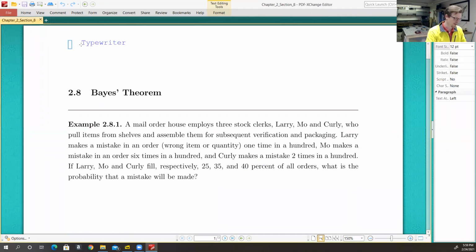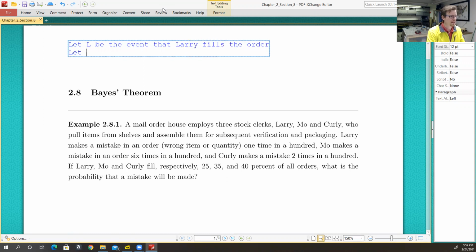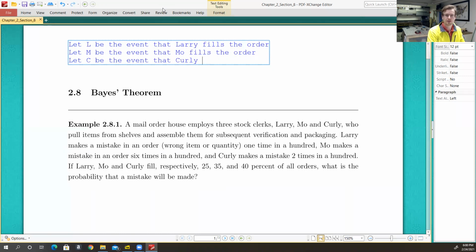So I want to start off with a few events, and I'll write those up here. So let L be the event that Larry fills the order. Excellent. Let M be the event that Mo fills the order. And let C be the event that Curly fills the order.